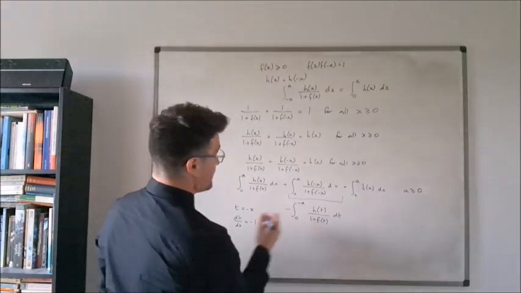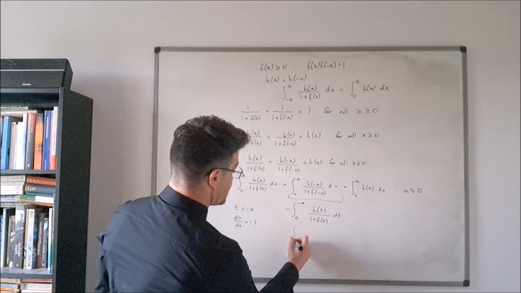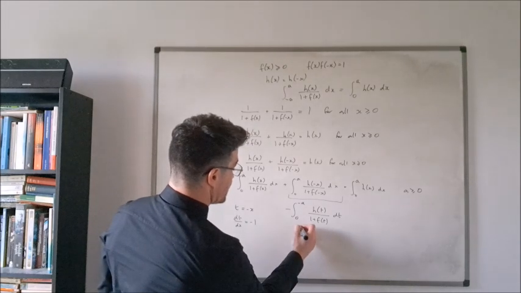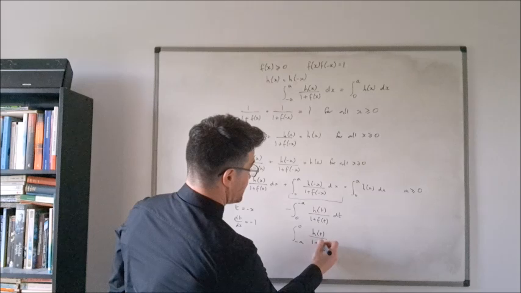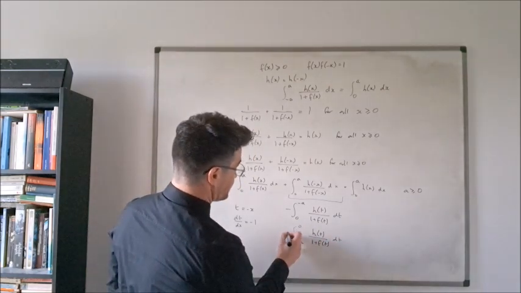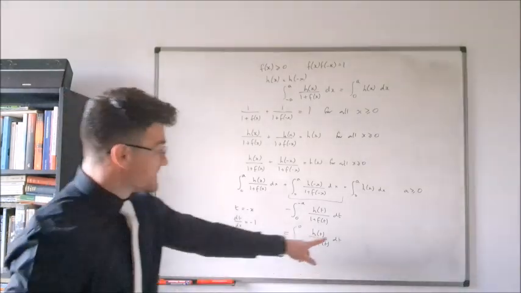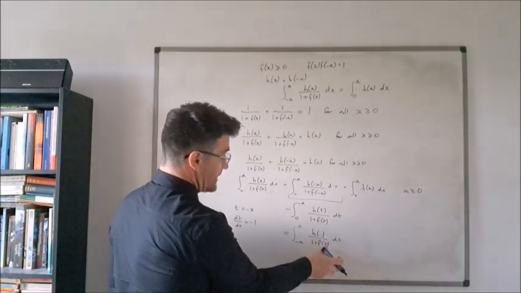Then I'm going to flip the limits again, and I get the integral from minus a to 0 of h of t over 1 plus f of t. This minus sign will cancel, and the t is a dummy variable again, so I can just go back now to x.